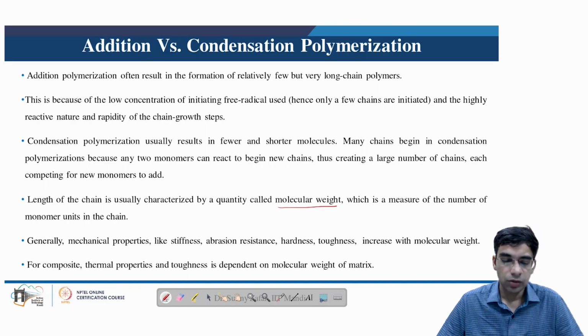In general, for most polymers, the mechanical properties, especially stiffness, abrasion resistance, hardness, and toughness, increase with the molecular weight. And for composites, the thermal property and toughness are in general largely dependent on the molecular weight of the matrix.